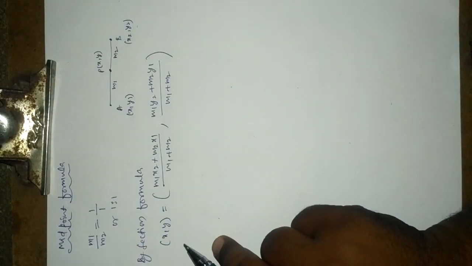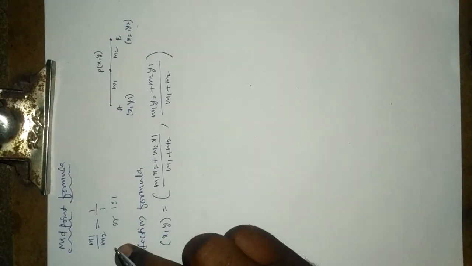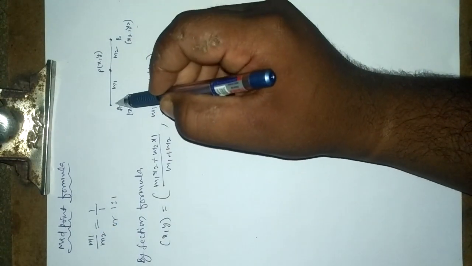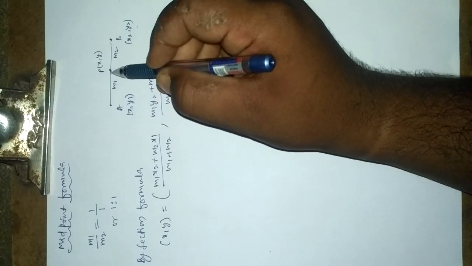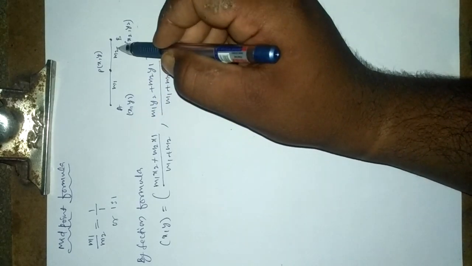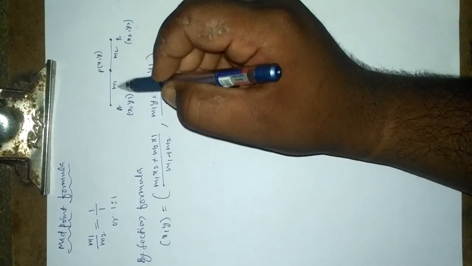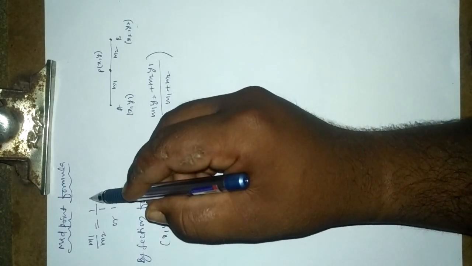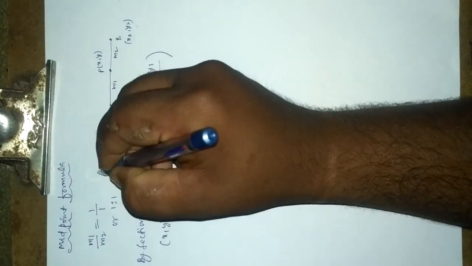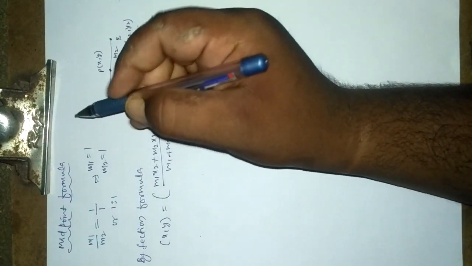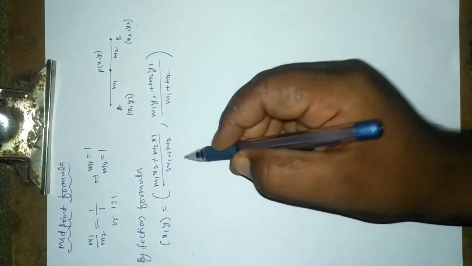This is the section formula. To derive the midpoint formula, whenever point P is the middle of AB, the distance from A to P is the same as the distance from P to B. Therefore m1 and m2 are both equal, and the ratio is 1 by 1 or 1 is to 1, which implies m1 is equal to 1 and m2 is equal to 1. We substitute these m1 and m2 values here and we will get the midpoint formula.